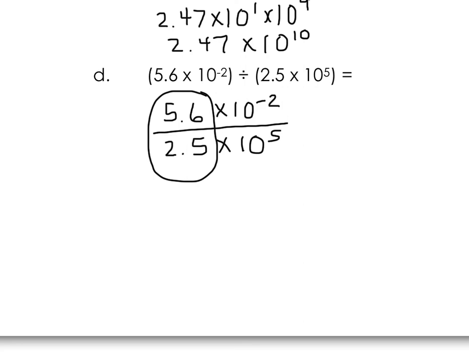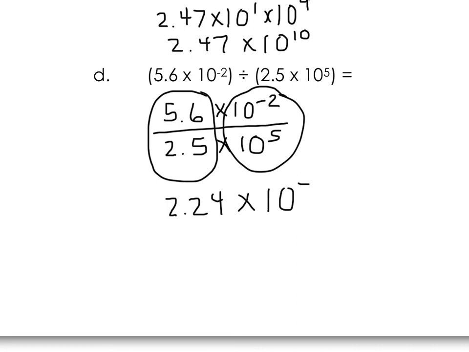We can go ahead and divide the 5.6 by the 2.5, and that will give us 2.24. Now let's handle our exponents. What do you do with the exponents when you're dividing? You subtract. So 10 to the negative 2 minus 5 is 10 to the negative 7.